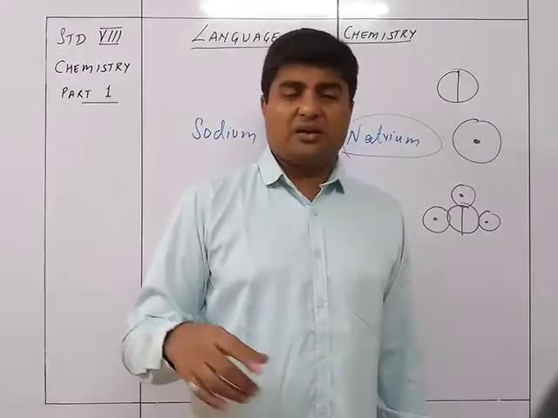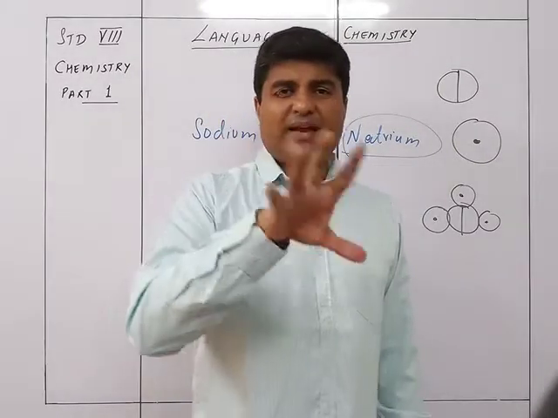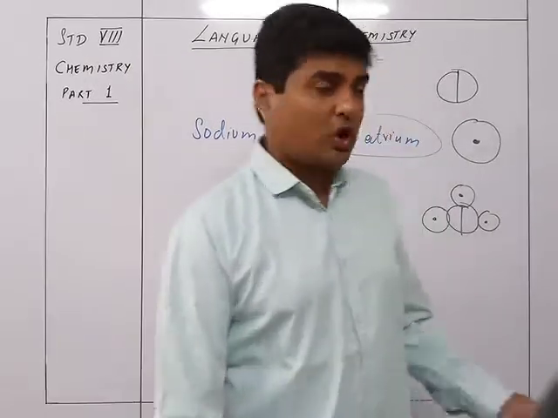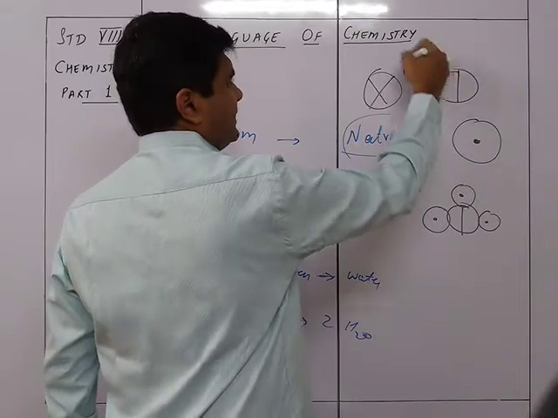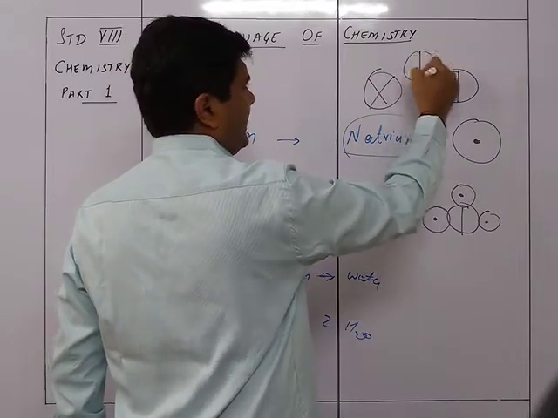ऑक्सीजन के लिए सिर्फ सर्कल, सल्फर के लिए एस के अंदर एस करके डाला रहेगा, या किसी के अंदर कुछ क्रॉस डाला है, किसी के अंदर ऐसे करके क्रॉस है, किसी के अंदर कोई मे बी सम प्लस साइन है.